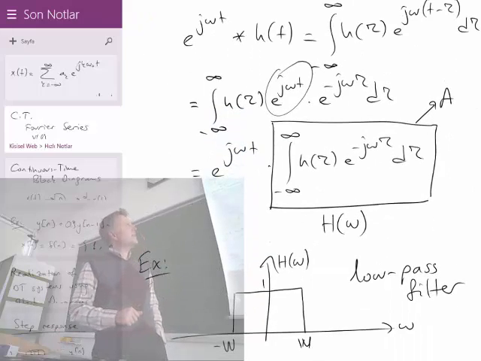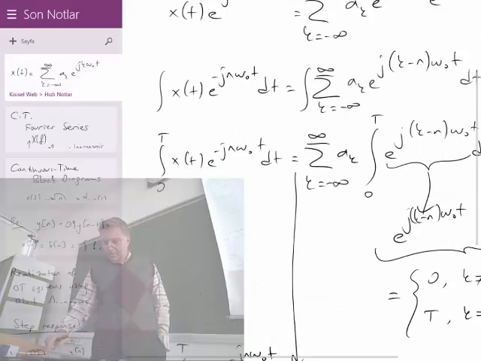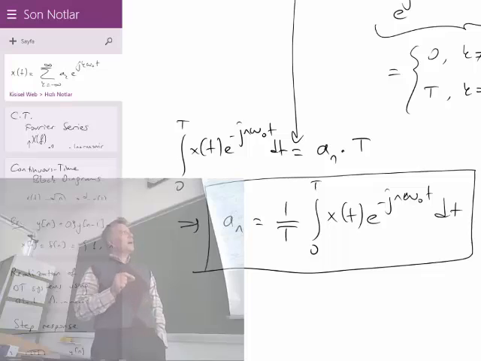H of omega is the integral of h(t) e to the minus j omega t dt. Here again, the integral of x(t) e to the minus j omega t dt. But omega is n times omega 0. The frequency is n times omega 0.